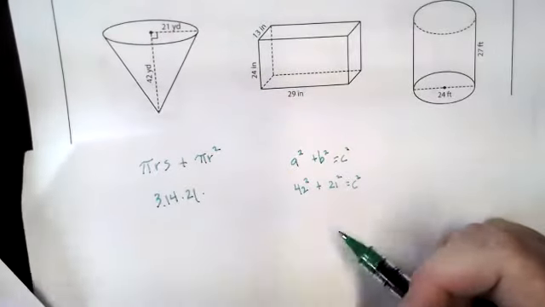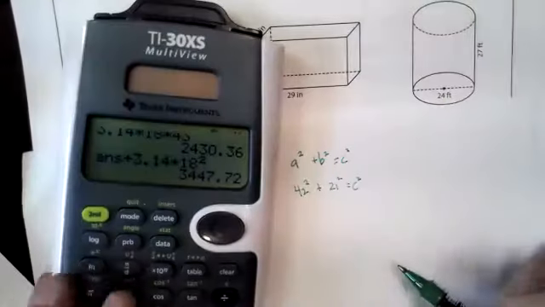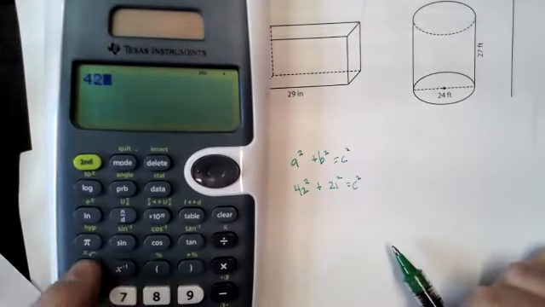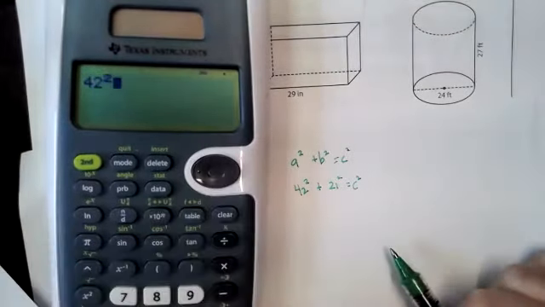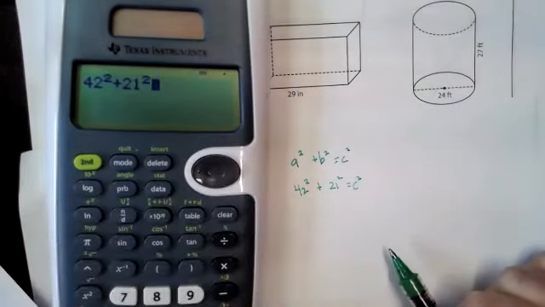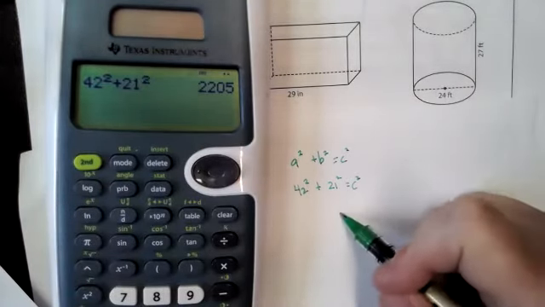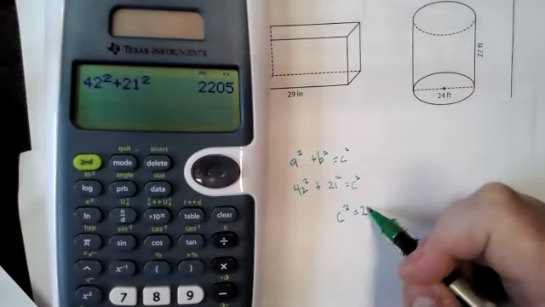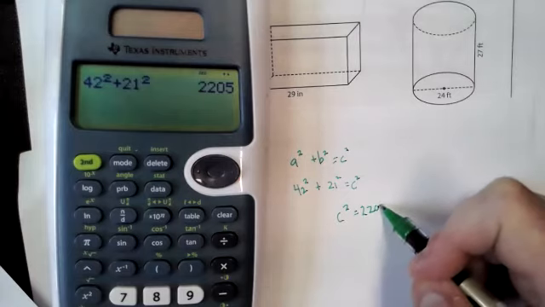C is always the long side of a triangle. So we grab our calculator. 42 squared plus 21 squared, arrow out of that, 2205. So C squared equals 2205.